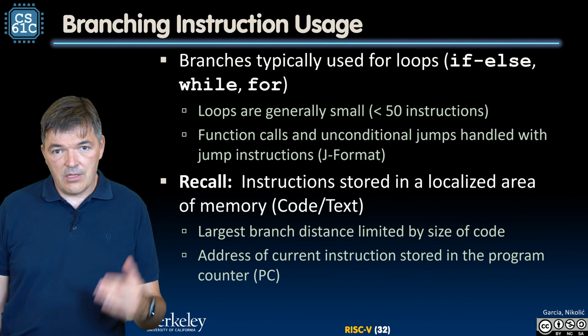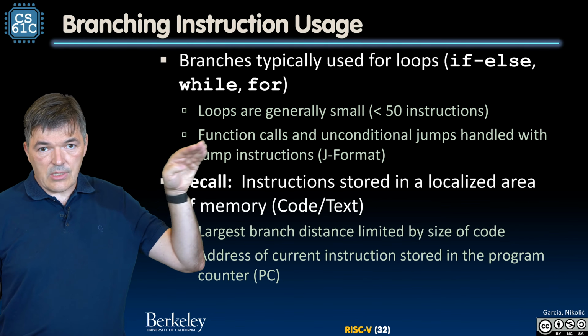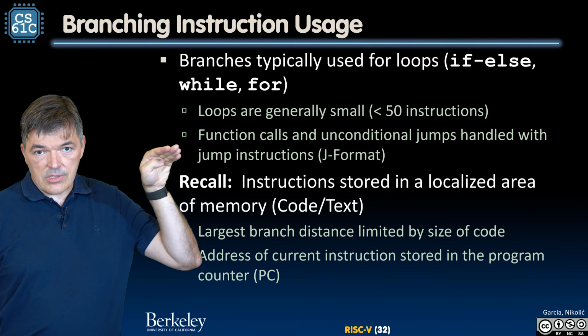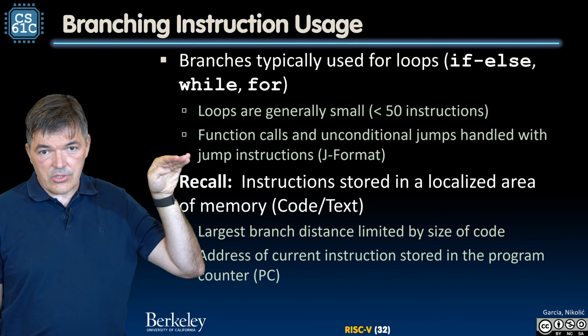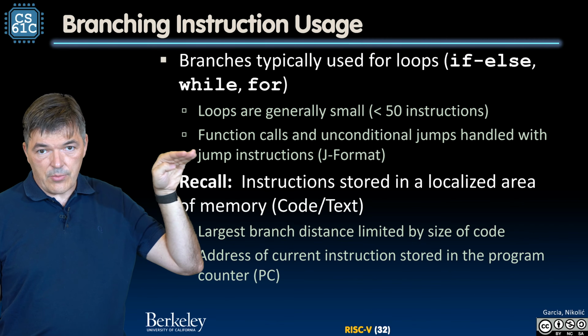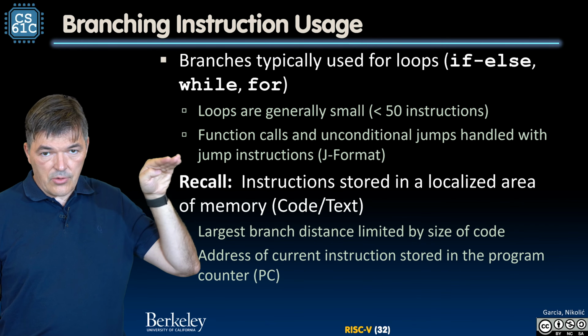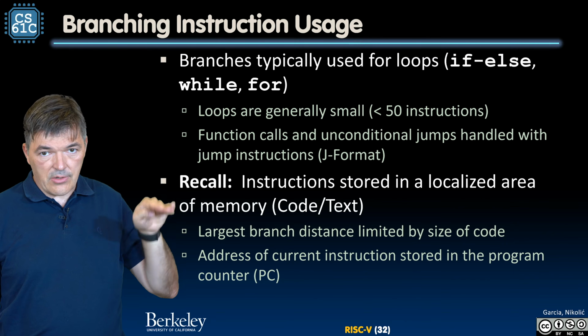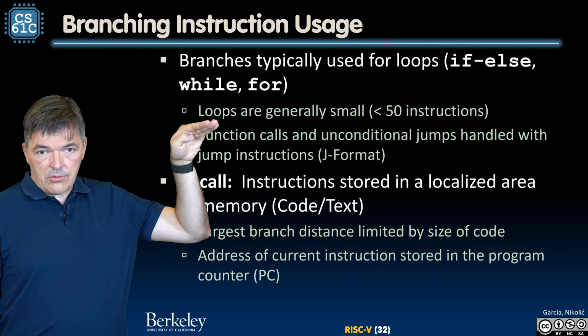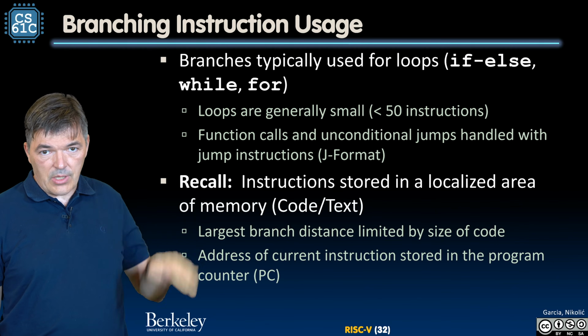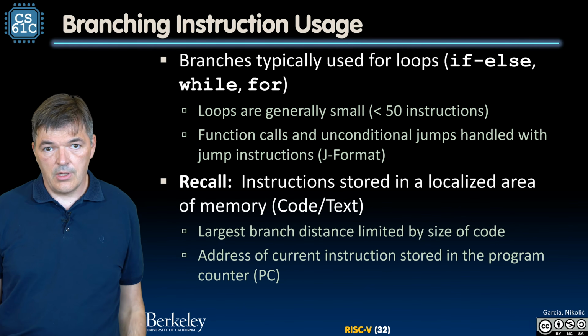The other thing to keep in mind, as we are executing these loops, is that the address of the instruction we are executing is in the program counter. As we execute in sequence, the program counter increments, and then when we hit the branch, it goes back to the original position, and then we keep executing, and that's our loop.